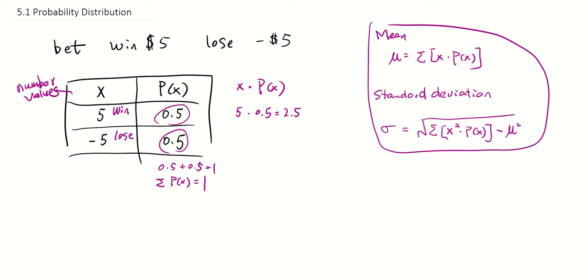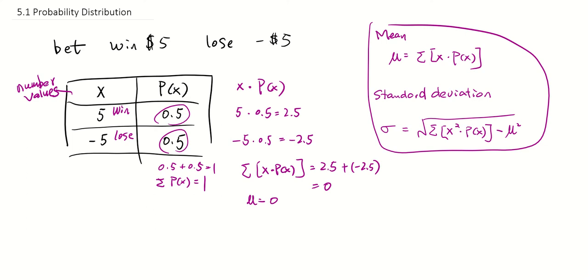For the second, X times P of X will be -5 times 0.5, which is -2.5. And add them up. The sum of X times P of X here is equal to 2.5 plus -2.5. That will give us 0.